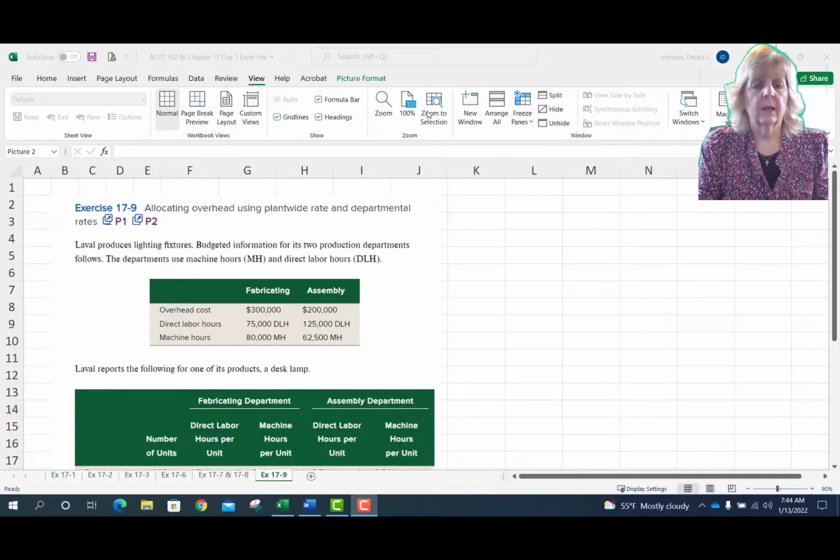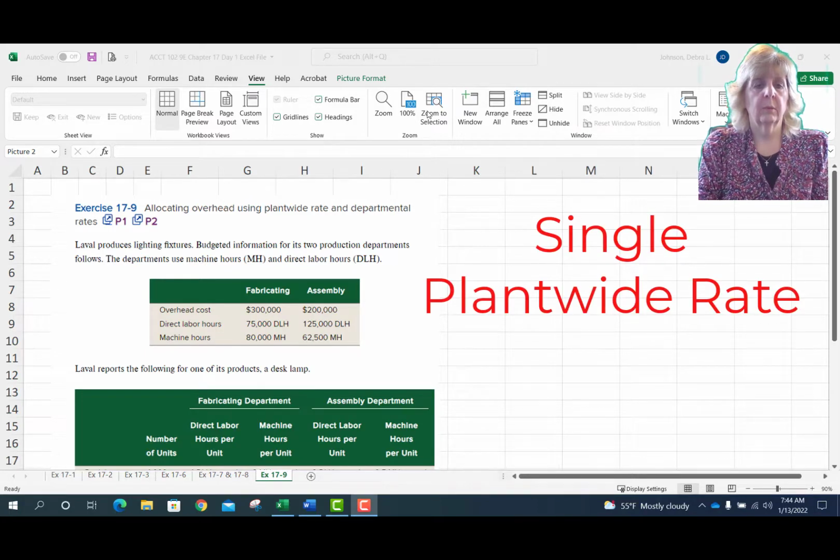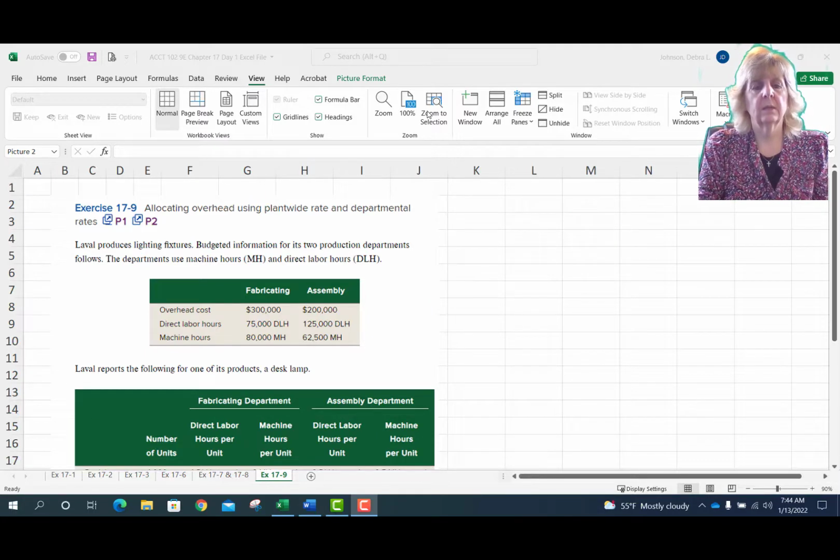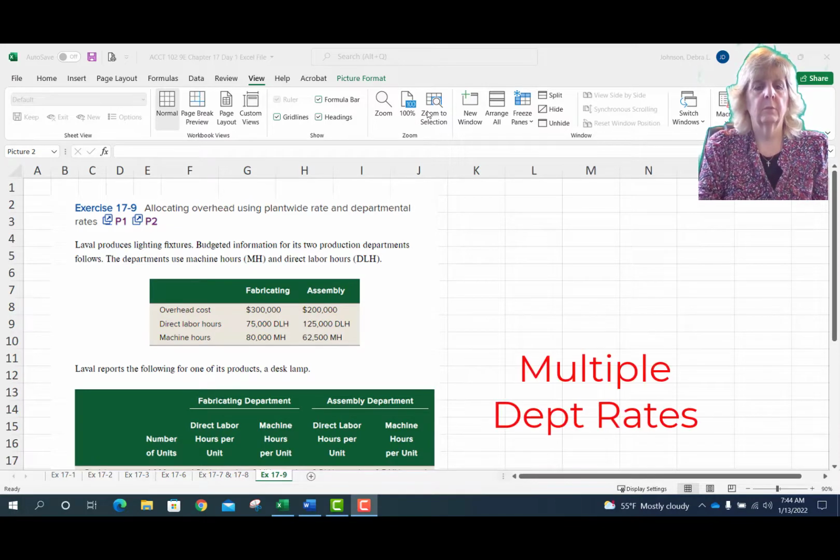In our final exercise of the day, we'll be doing exactly the same thing. First, the author will ask us to calculate a single plant-wide rate, and then after we do that, the author will ask us to use the same data and push overhead down based on multiple departmental rates.